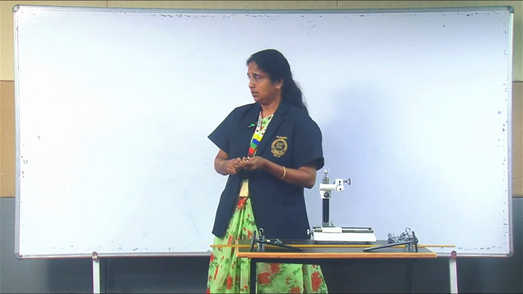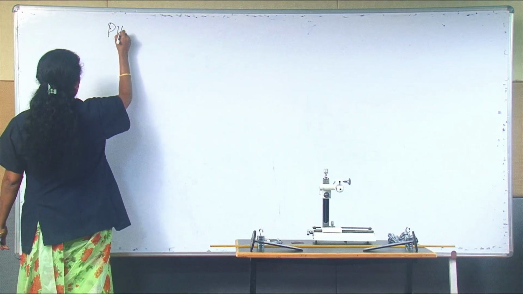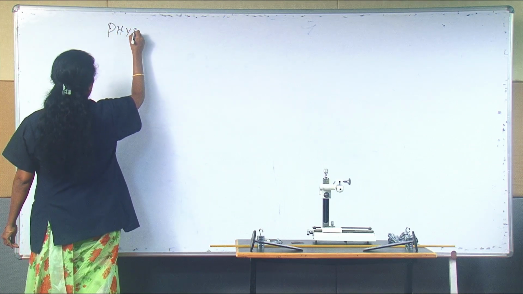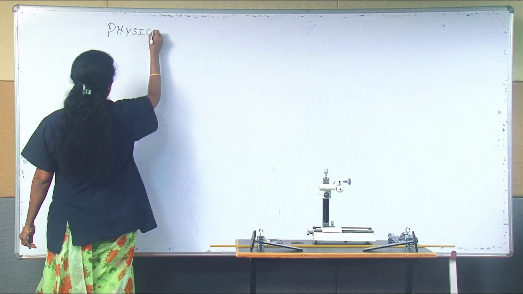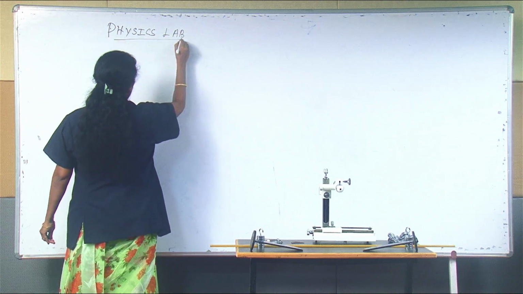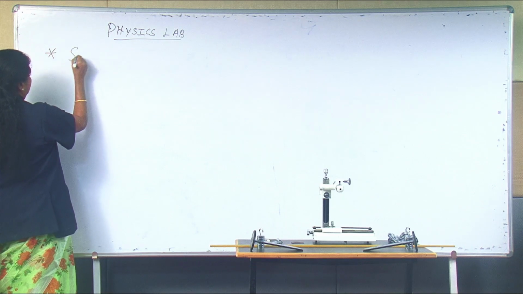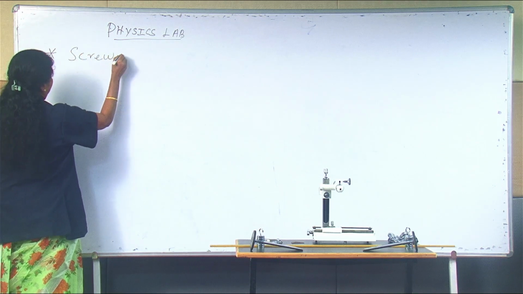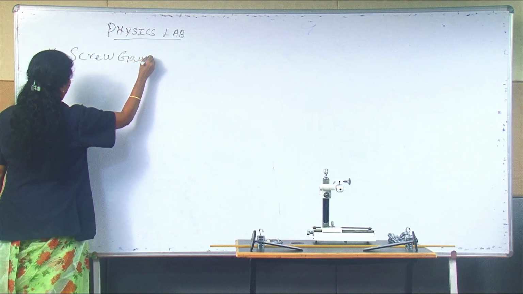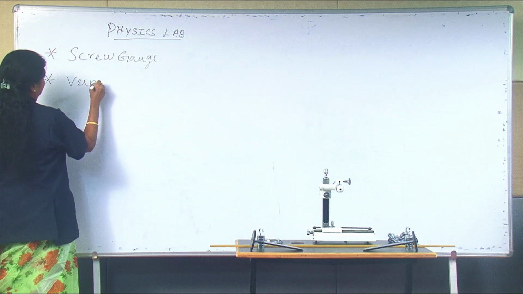The first one is screw gauge. The second one is vernier caliper.